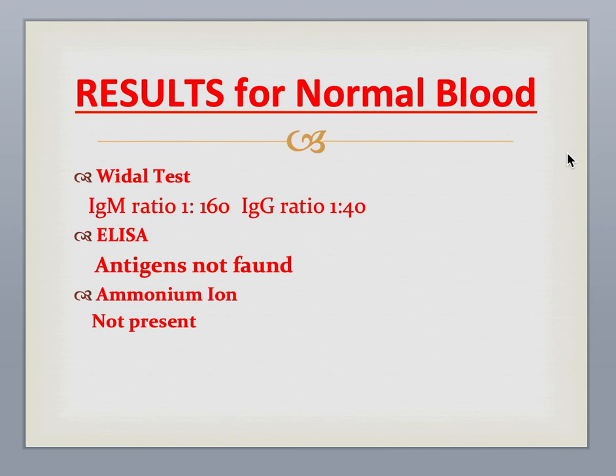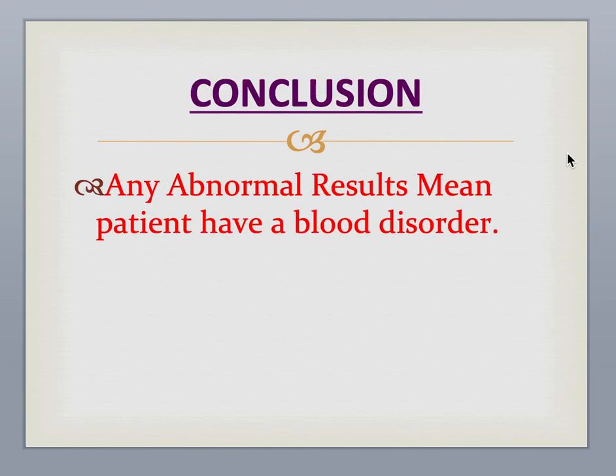For the Widal test, if we get a ratio of immunoglobulin M of 1 to 60, or immunoglobulin G ratio of 1 to 40, then that is normal. For ELISA, normal means no antigen present, and for ammonium ion, no ammonium ion present. If it's a vitamin test, then the normal result would be a normal level of vitamin, for instance vitamin B or E.